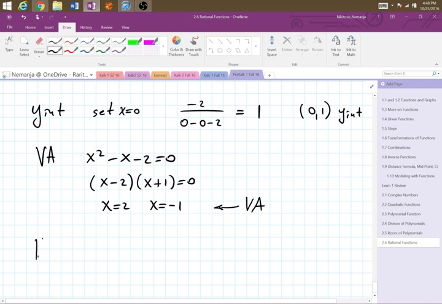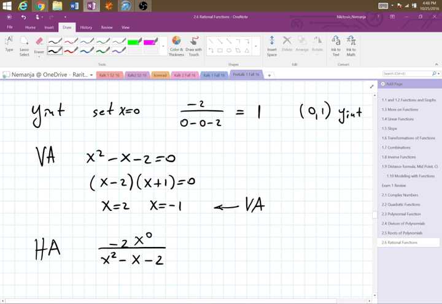For horizontal asymptote, there's usually some confusion here. Guys, you have to memorize those three cases. So for horizontal asymptote, we have negative 2 over x squared minus x minus 2. If you observe the degree on the numerator, you can add 1, right?